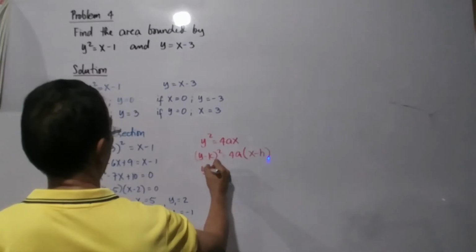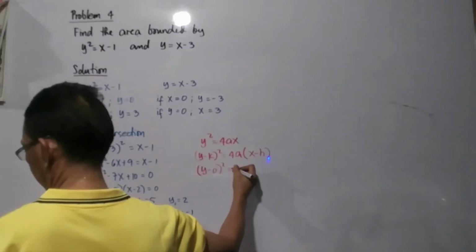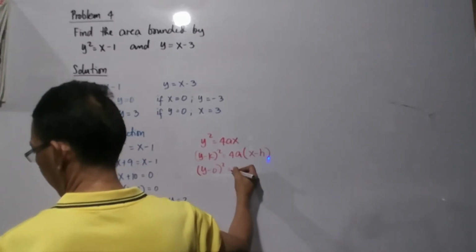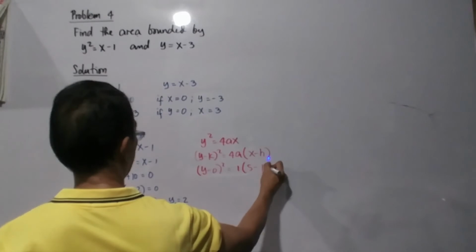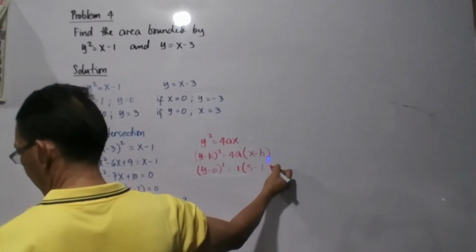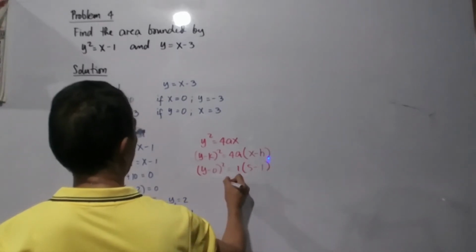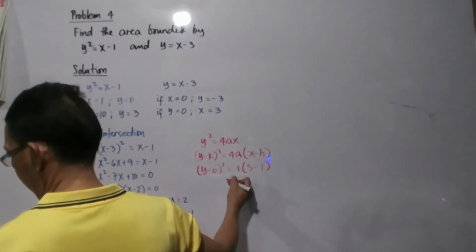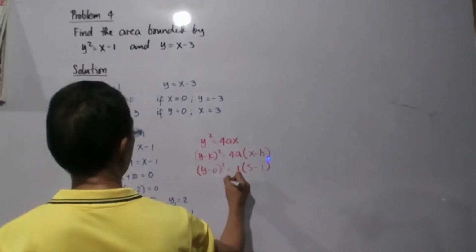So y minus 0 squared equals x minus 1. Our a now is 1/4.